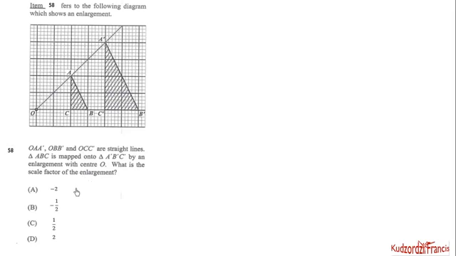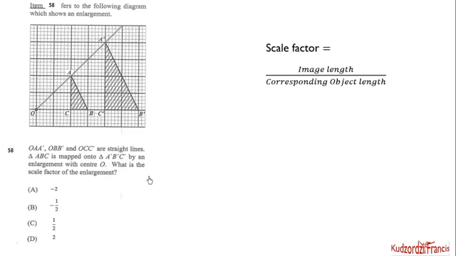We know that for the scale factor, we can use this relation, image length over the corresponding object length. So from the diagram, we can use this over this or this over this. So let's use this over this. This is 4 units, 1 2 3 4 units, and this is 2 units. So 4 over 2 will give you 2. Therefore the correct choice is option D.